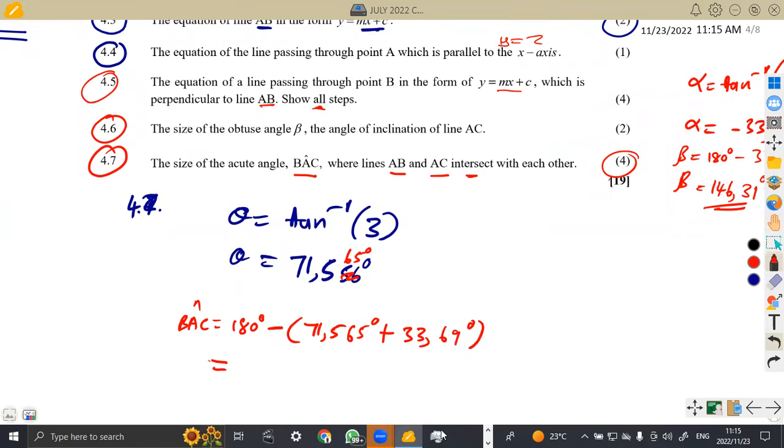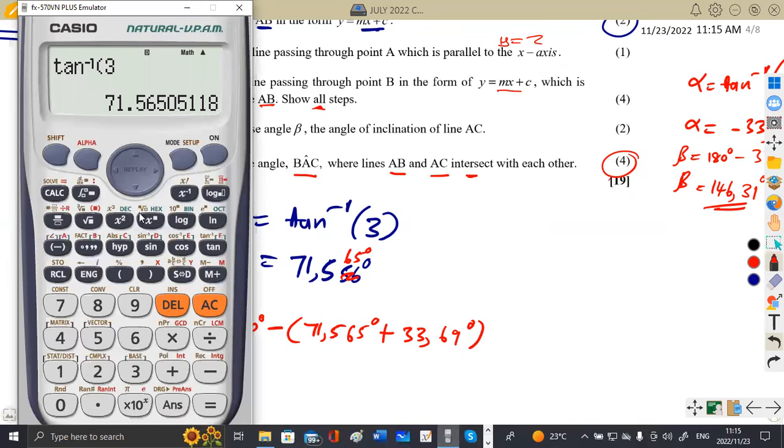By subtracting these two angles from 180 degrees, we find the acute angle BAC, which is going to be 74.745.